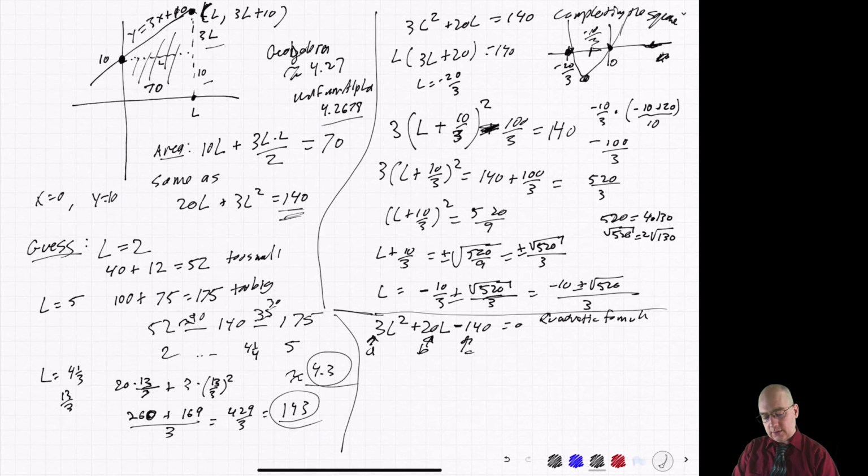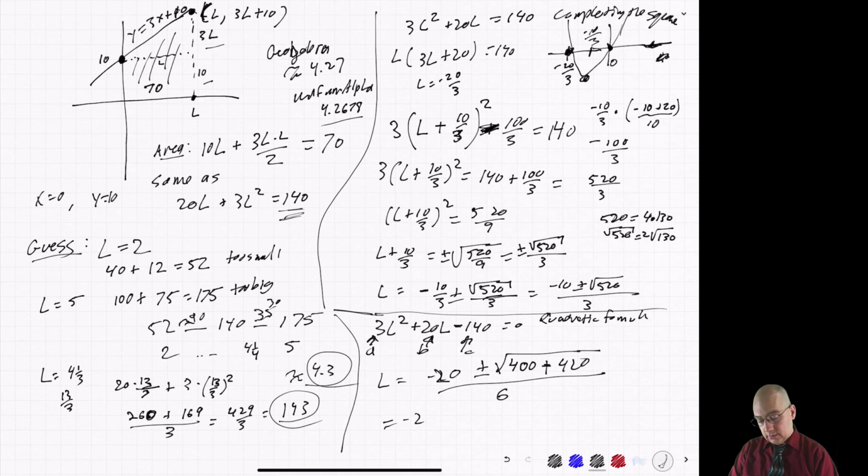So L is equal to minus b, that's minus 20, plus or minus the square root of b squared, which is 400. And then you have a minus and another minus from the c. 3 times 140 is, what was that again? 300, 420, all divided by 2a. So that's divided by 6.